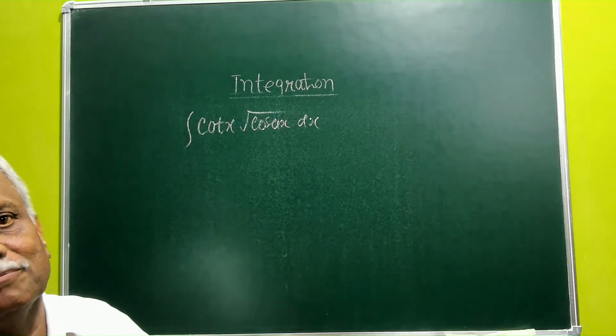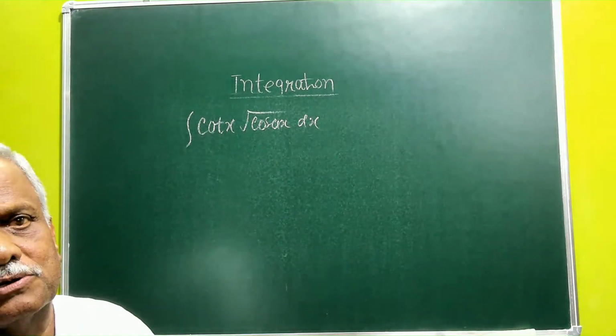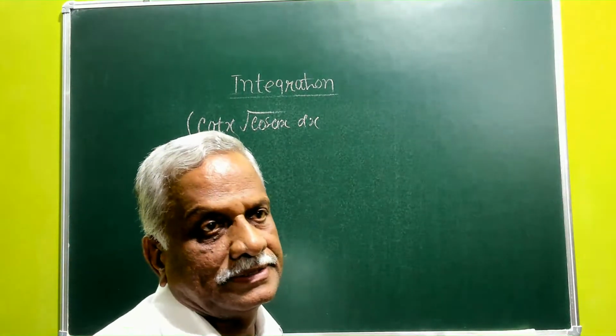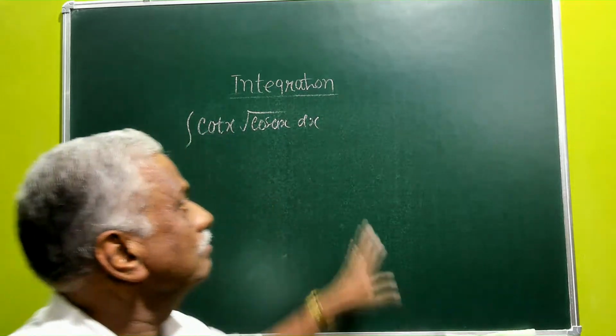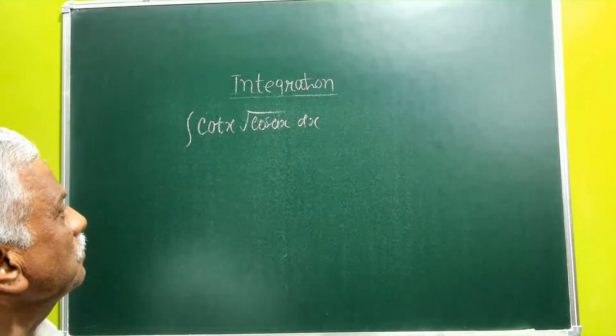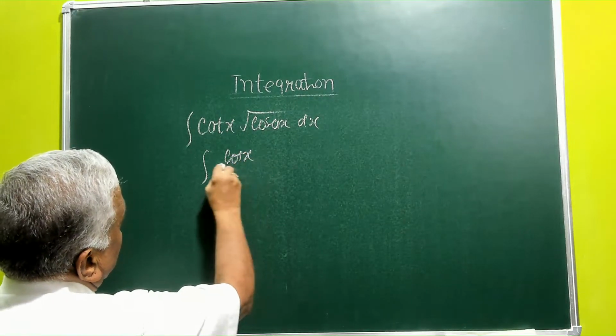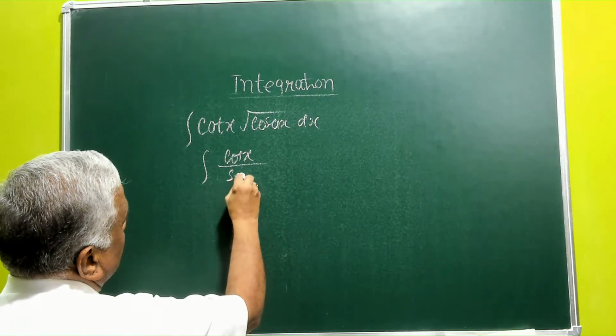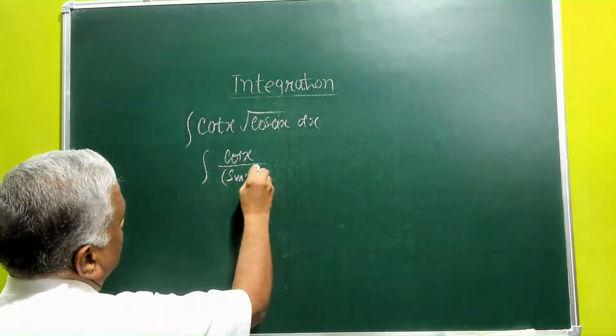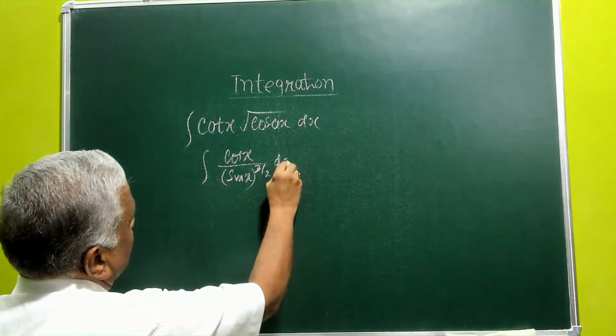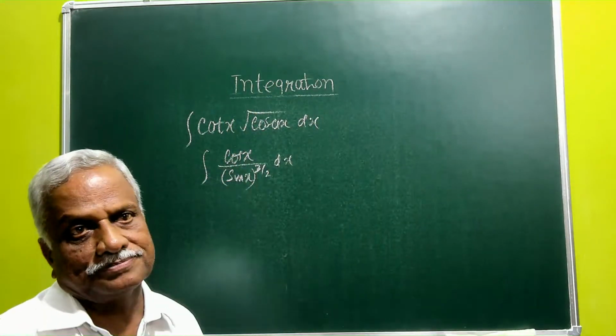You can't combine them. If it is cot x cosecant x, you would have written it as minus cosecant x. But the root is there, so you have got to use trigonometric simplification. This can be written as cos x over sin x to the power of 3 by 2 dx. That was your first step.